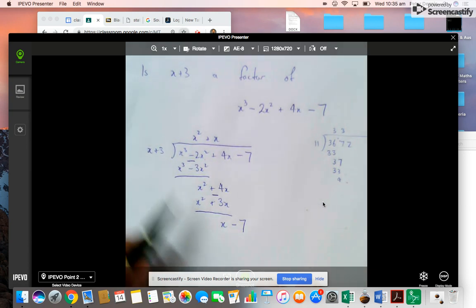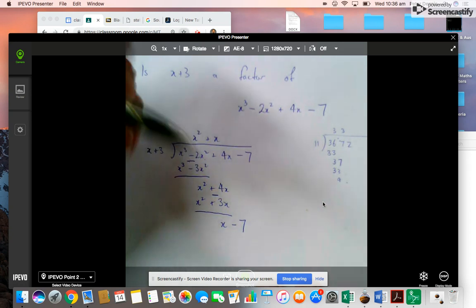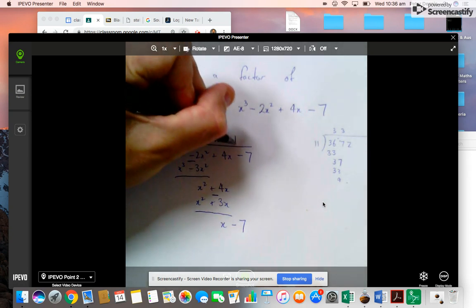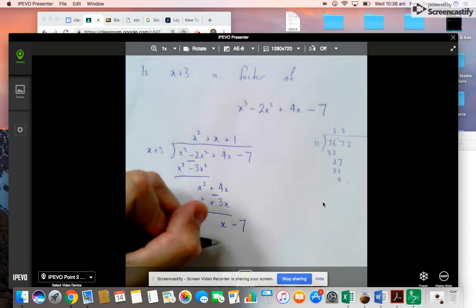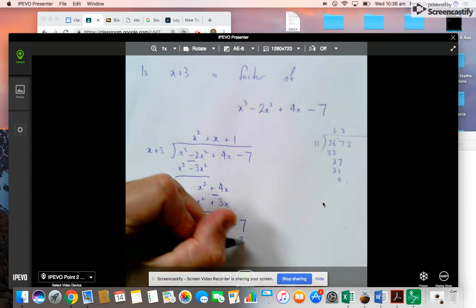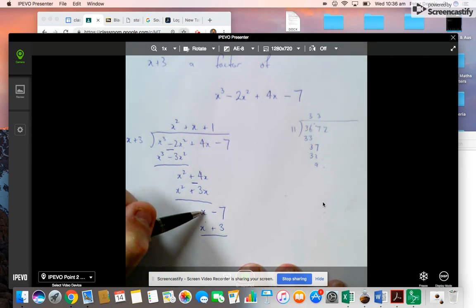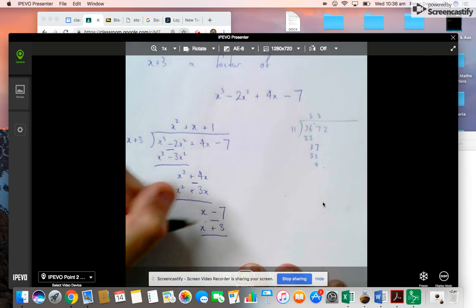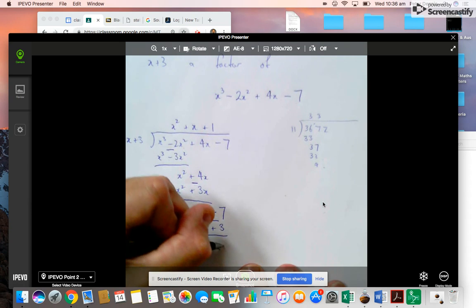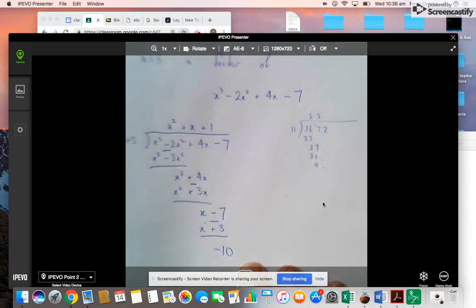Does x plus 3 go straight into this? It doesn't go straight in, so it's plus 1. So 1 times this is going to be x plus 3, and we're going to minus again. x minus x gives us 0. Minus 7 minus 3 is minus 10. So we have a remainder in this case.